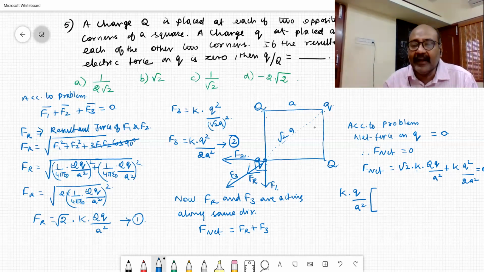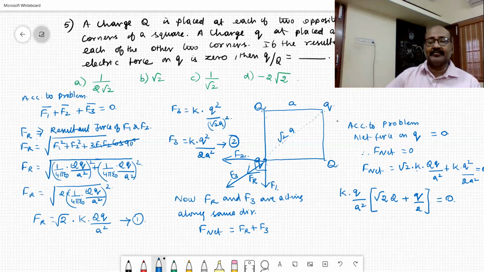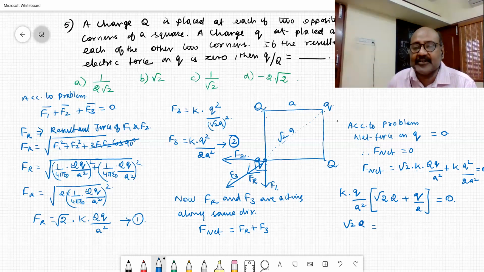What is the remaining? Here I am getting root 2 into Q plus the remaining is q divided by 2, and this value is equal to 0. On simplifying, I will be getting root 2 Q is equal to, taking this to the other side, minus of q divided by 2.